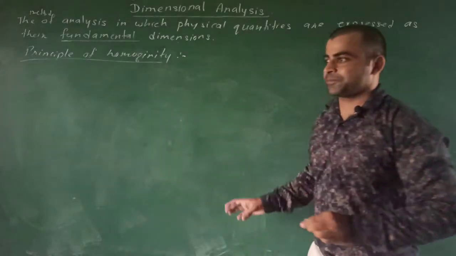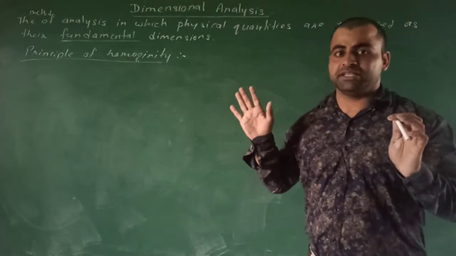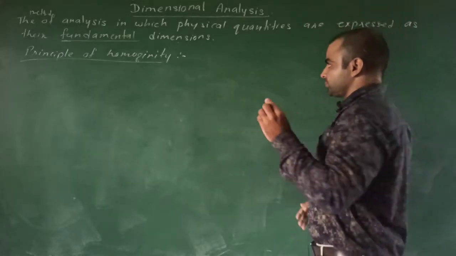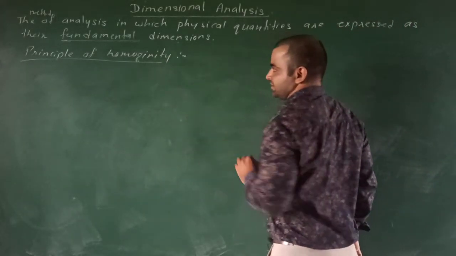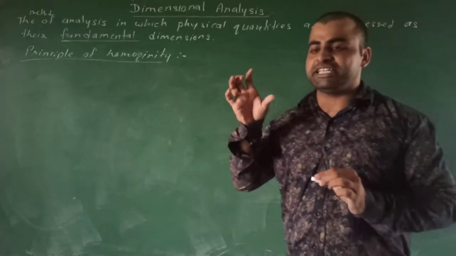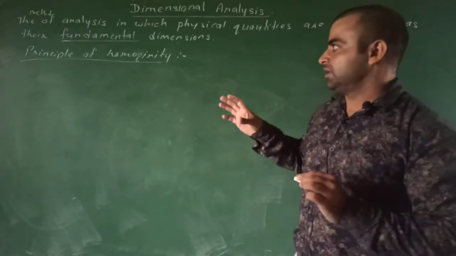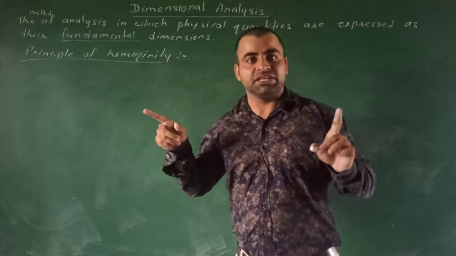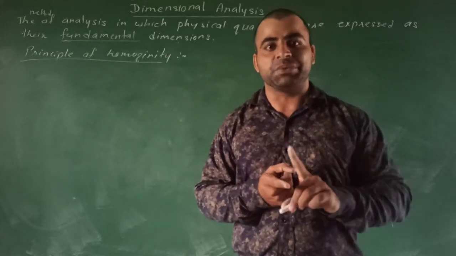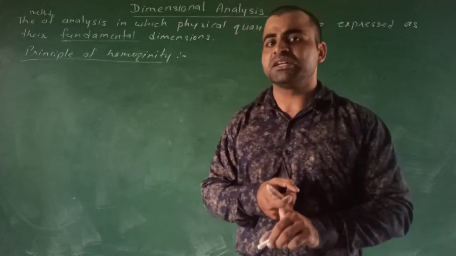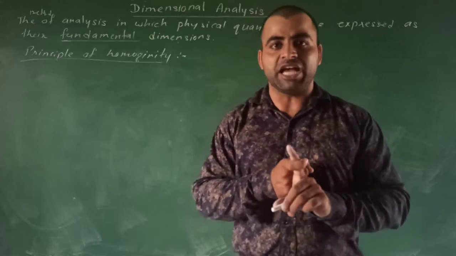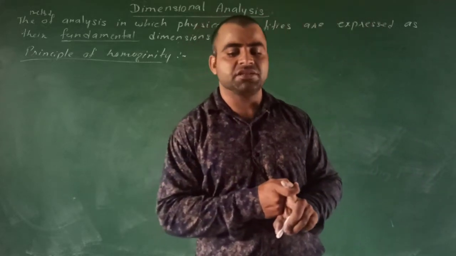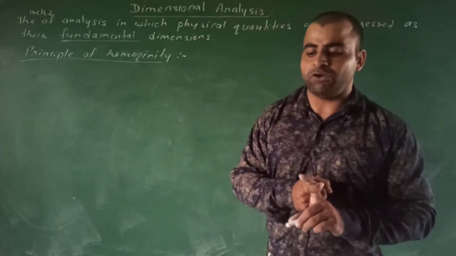It means if there are two, three or any number of quantities and they are added or subtracted, then they have the same dimension. In any correct physical equation, the dimension of each term will always be the same.